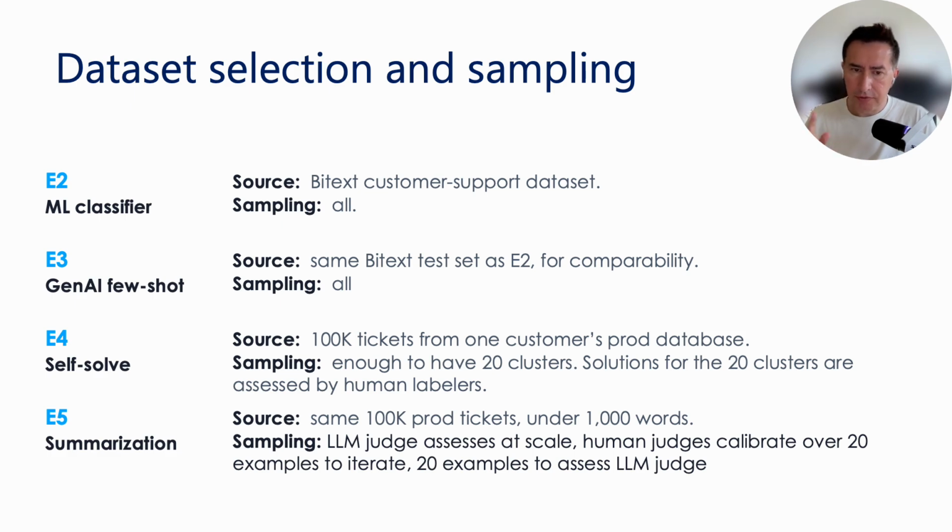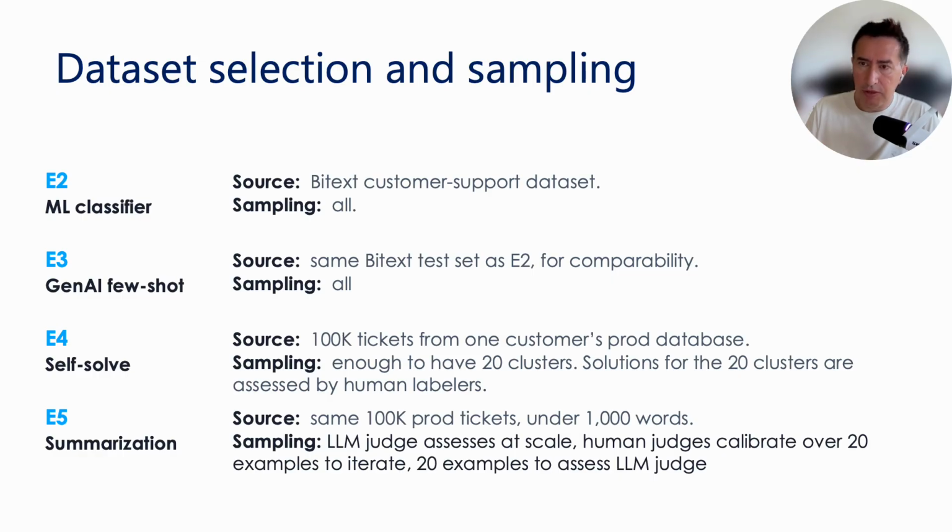The self-solve case is a little bit different, in that, remember what we do in that case, right? We first cluster the records, so we build a clustering model, and then for each cluster, we try to derive a self-solve solution.